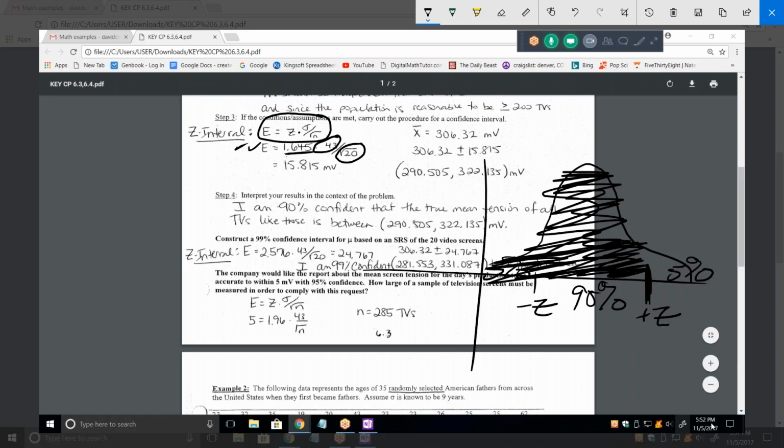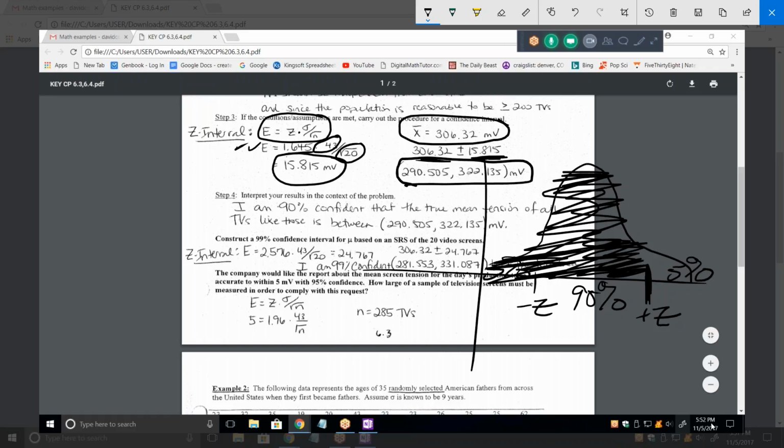So, okay, that gives us our margin of error. And we were able to calculate our mean from our sample of 20 intervals. So our mean is going to be that plus or minus our margin of error, which gives us that, which tells us to interpret your results.